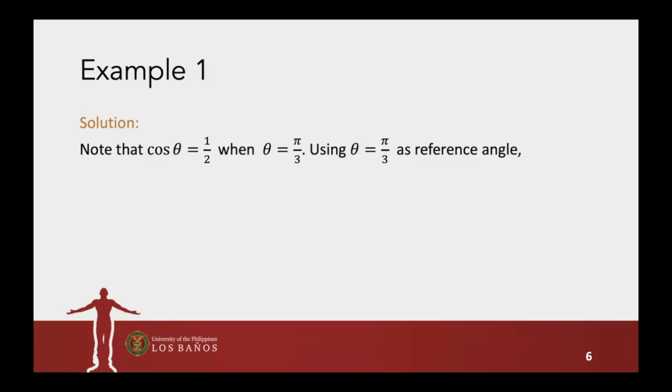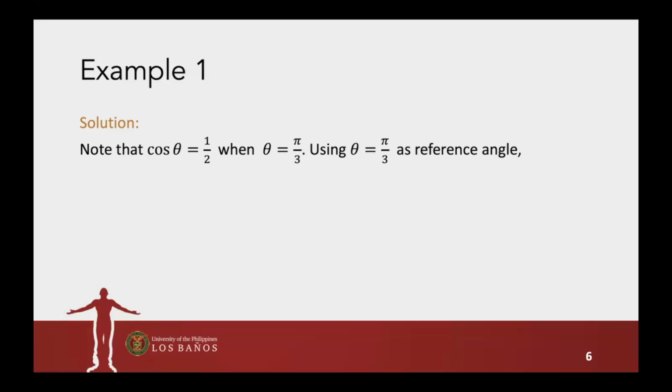Remember, by definition, when we say reference angle, we are talking about a positive acute angle which is formed by the x-axis and the terminal side of your angle.